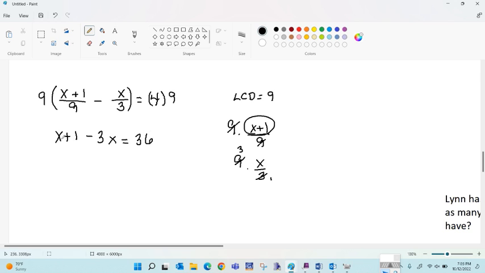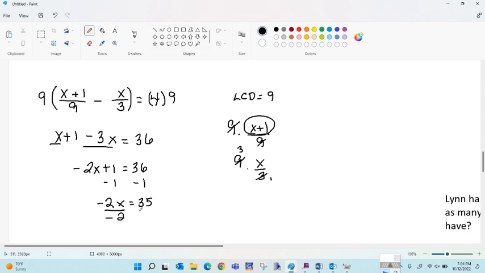All right, so from here, what we need to do is x minus 3x, which would be negative 2x. We still have our plus 1. So we're going to take away 1 from both sides. Negative 2x equals 35.